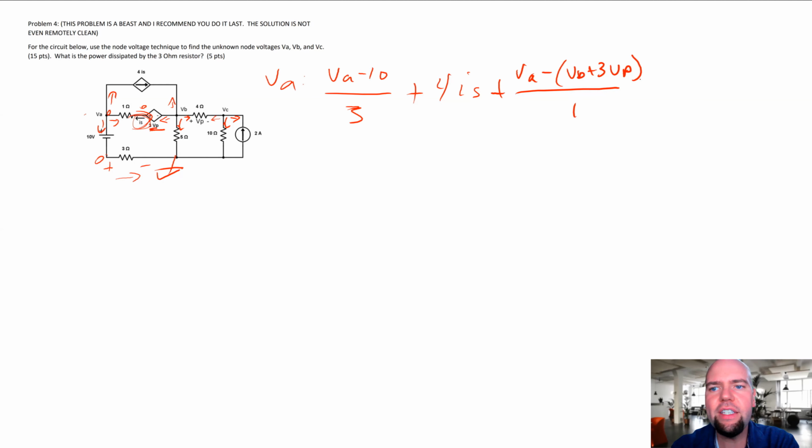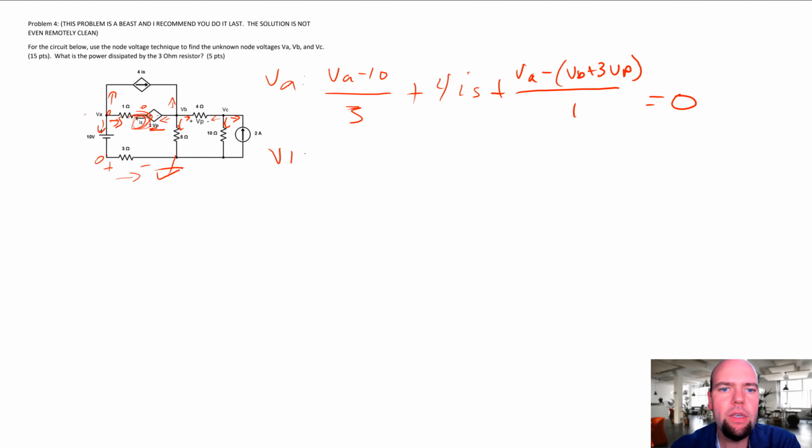It should be noted, this is the equation for the current flowing this way. So IS is actually going to be the negative of that equation, which I'm sure we'll see later on. And was that all my currents in that one? Yeah, that equals 0. Okay.